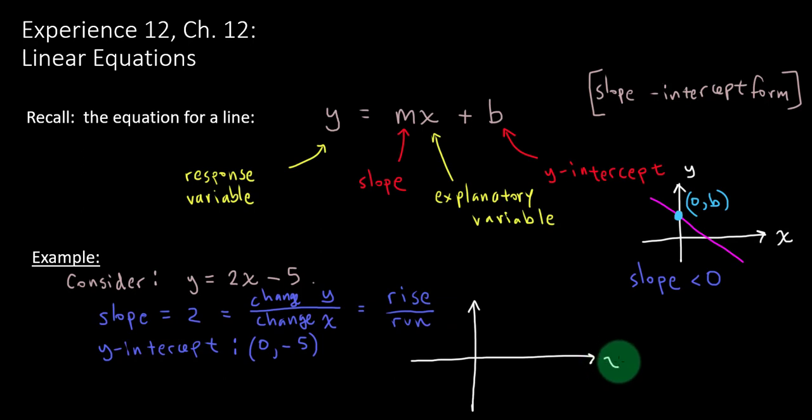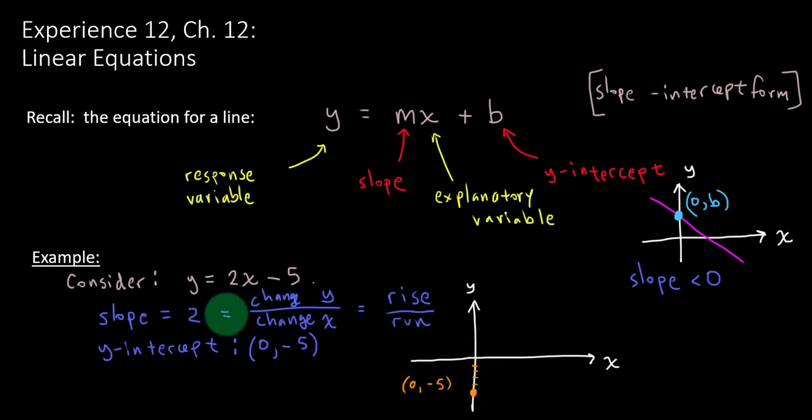Let's graph this line. So I've got a set of axes. I've labeled the horizontal axis as x, the vertical axis as y, and I'm going to graph what I know. We were given this y-intercept, right? That's why it's called slope-intercept form. That y-intercept is really obvious. So I'm going to plot a point down here at (0, -5).